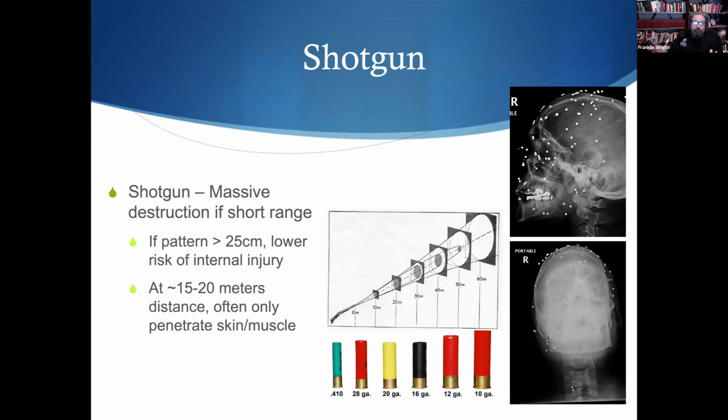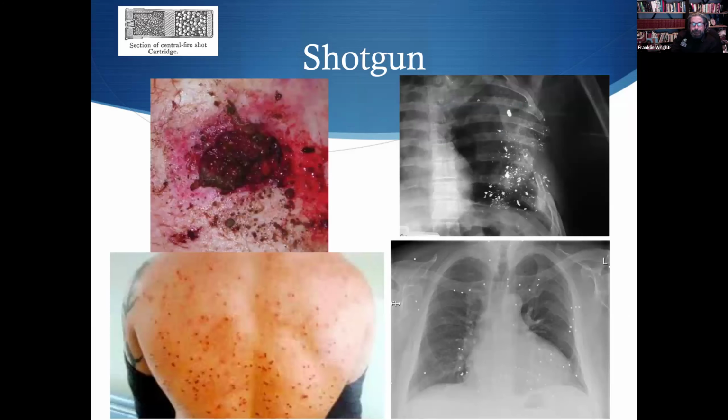Once you've gotten beyond 15 or 20 meters, so again, 50 to 65 feet or so, the pellets don't tend to penetrate very deeply, and often they'll end up trapped in the skin and muscle and not causing serious injury.